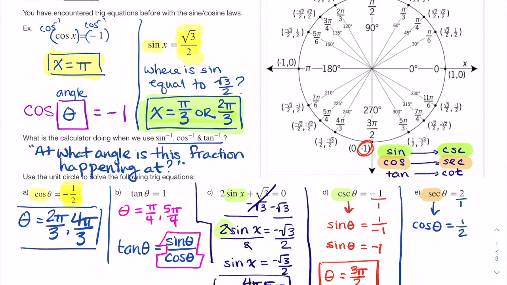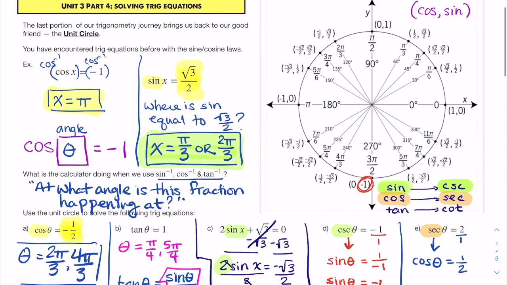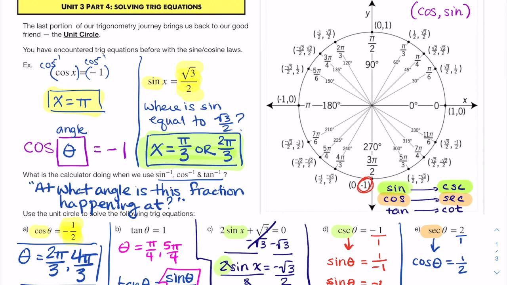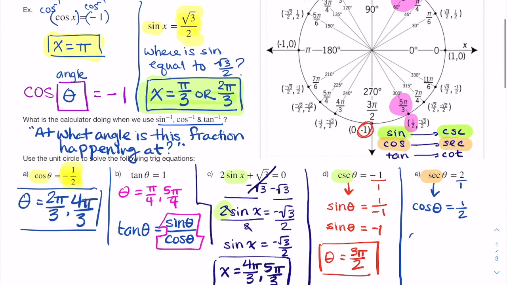And so I'm looking on the circle for where is cosine, or where is the x value 1/2. So I see it here and I see it here. So that would be pi over 3, 5 pi over 3. So theta can be pi over 3 or 5 pi over 3.